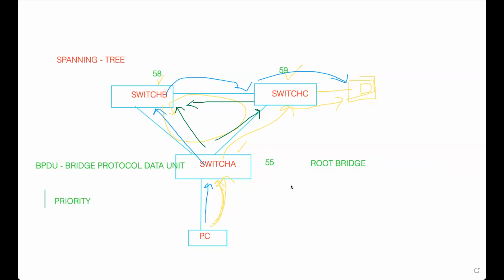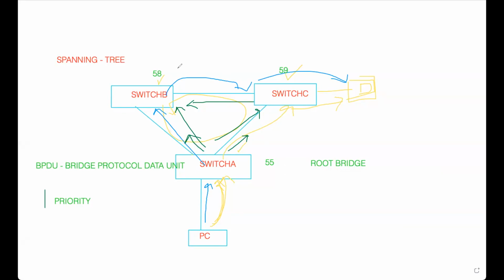So what switch A does is, switch A will put both of its links in the forwarding state, meaning the packet can go this way or the packet can go this way. Doesn't matter, right?